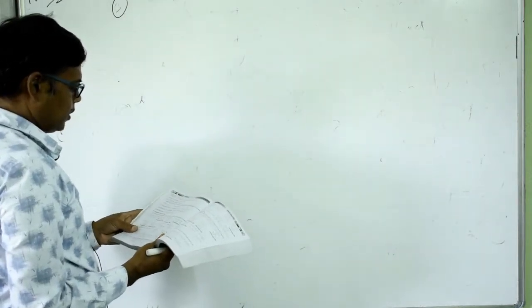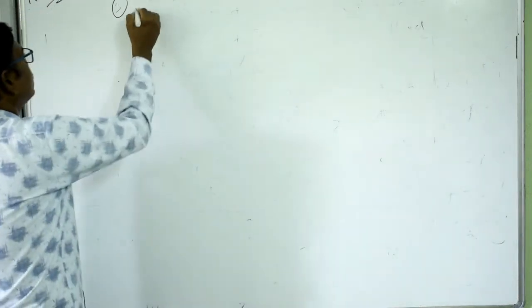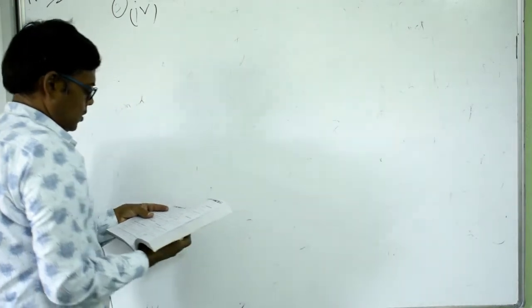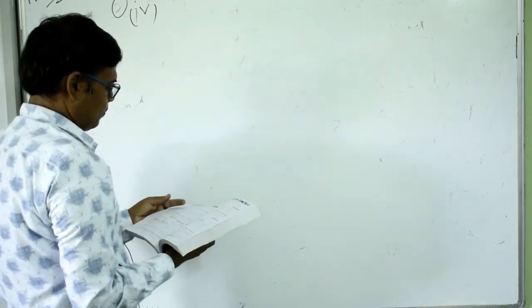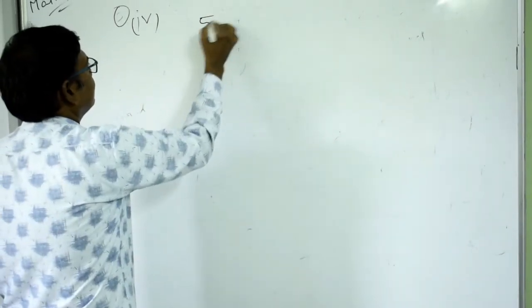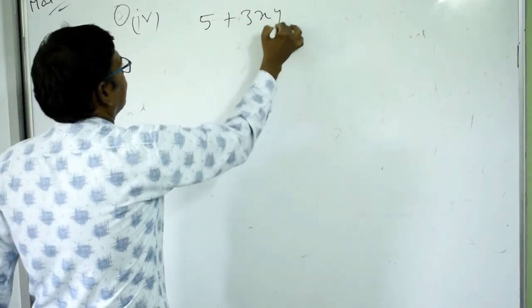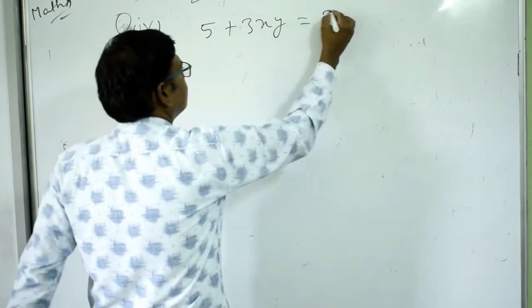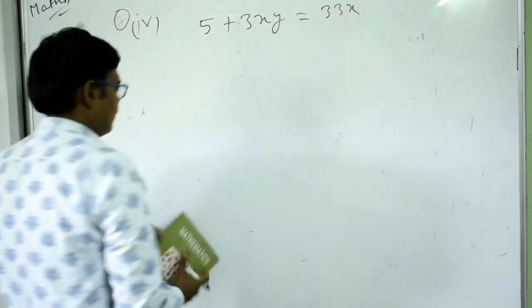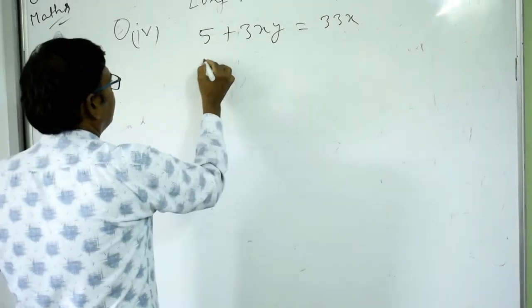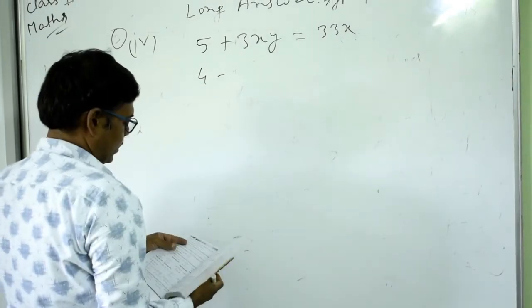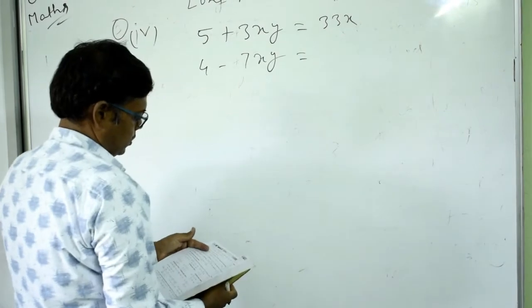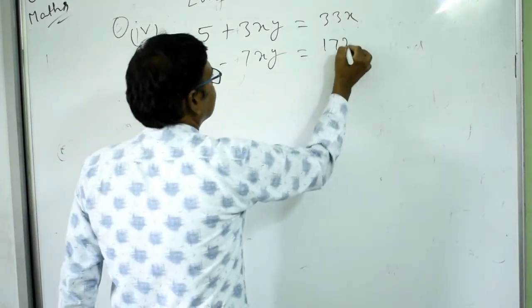So take question number 4 here. In this question number 4, you have 5 plus 3xy equal to 33x, and 4 minus 7xy equal to 17x.